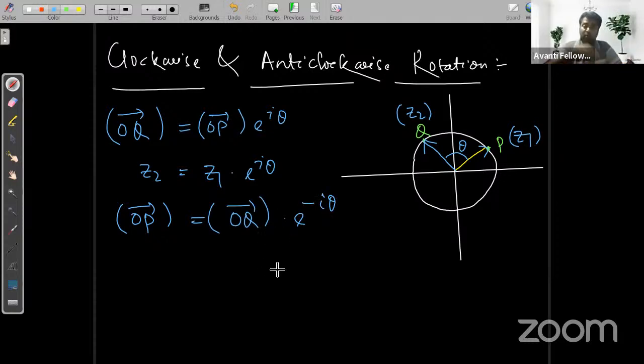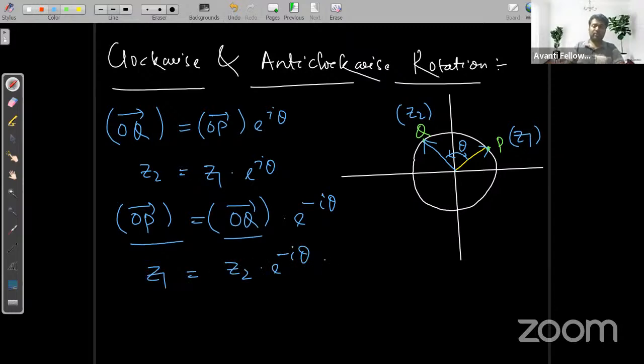If we rotate in the clockwise direction, this is my anti-clockwise direction and this is my clockwise direction. When we measure the angle in the clockwise direction, that angle becomes negative. So we can also say Z1 is equal to Z2 into e to the power minus I theta.